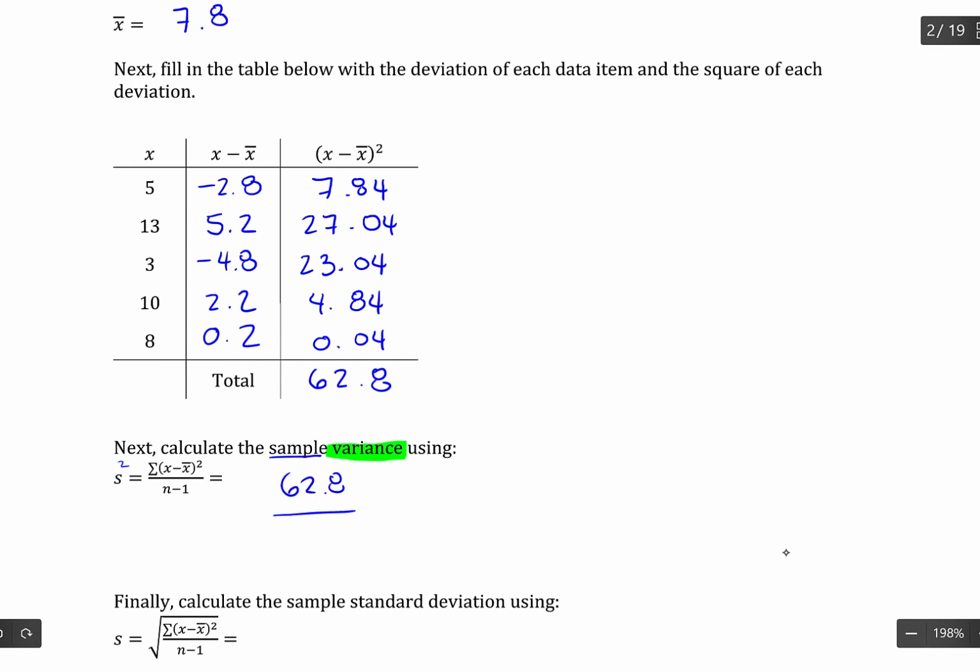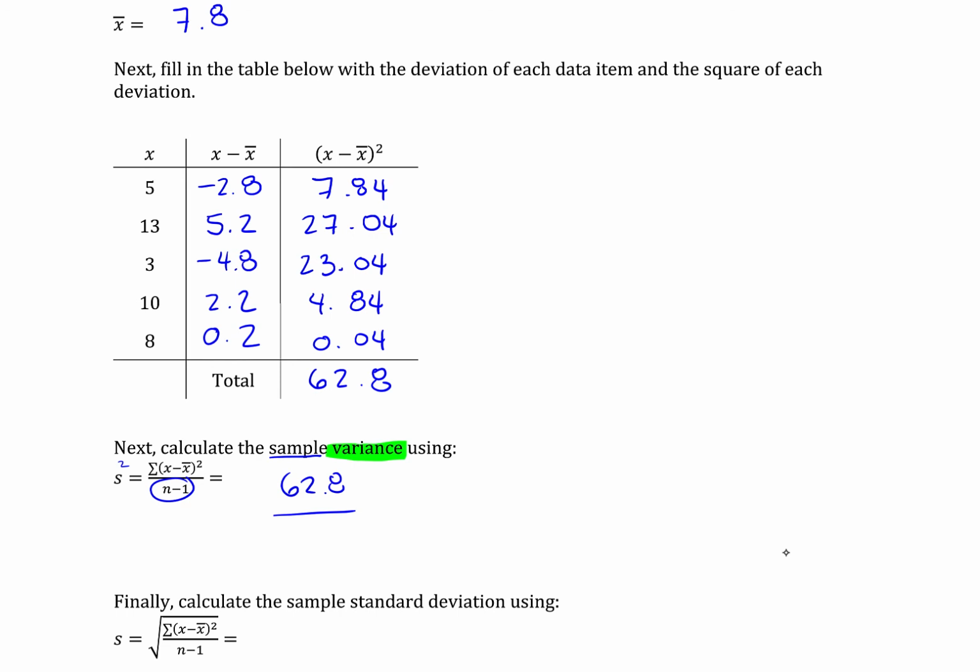If we're doing a sample variance, we divide by 1 less than the sample size. There are reasons for that beyond what we can explain at this point in the class, but just know that's how we do it. In the population standard deviation, you use n. In the sample standard deviation, you use n-1 in the denominator.